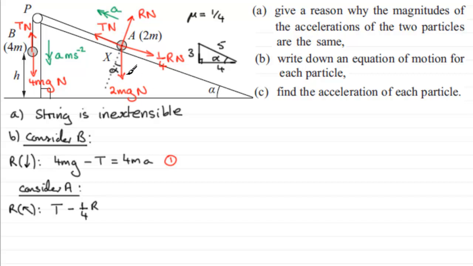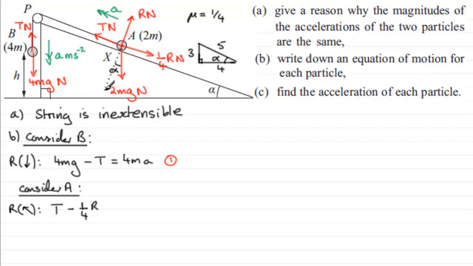That leaves us with the final force, the weight of the particle A. And you'll notice that this force is neither perpendicular to the direction that we're resolving nor along the plane. It's inclined to the direction we're resolving. So we need to split it into two components. And we've got a right angle here, so those two components will be one into the plane and one down the slope of the plane.